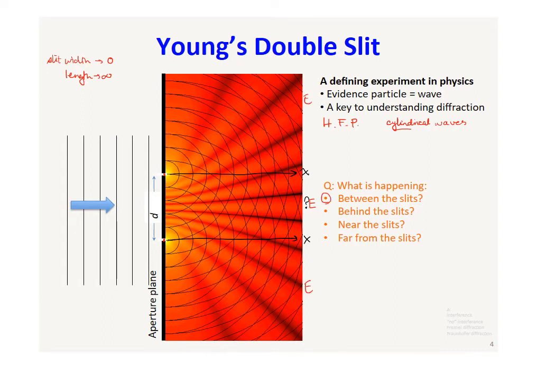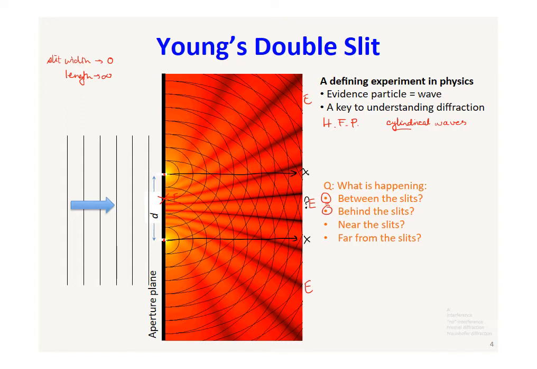So between the slits here you can see that the electric field shows that there is an interference going on. The electric field strength here is indicated by colors, where white is the most intense and black is the least intense.